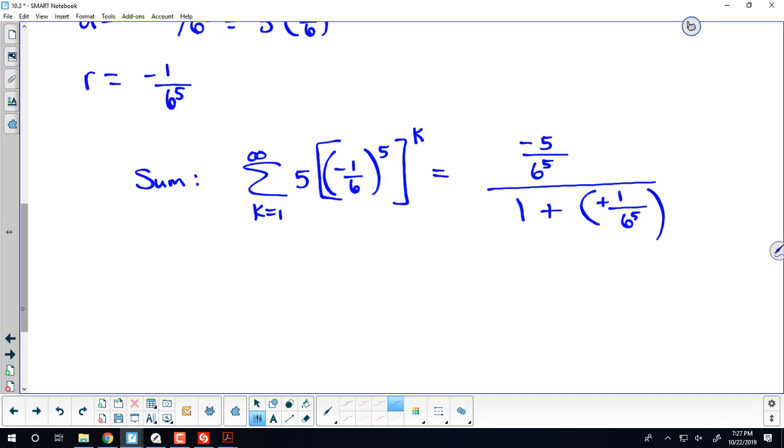You can just enter this in your calculator, but usually what's done is these complex fractions are changed by multiplying through top and bottom by 6 to the 5th. So if we multiply by 6 to the 5th over 6 to the 5th, equivalently we have that sum as negative 5 over 6 to the 5th plus 1.